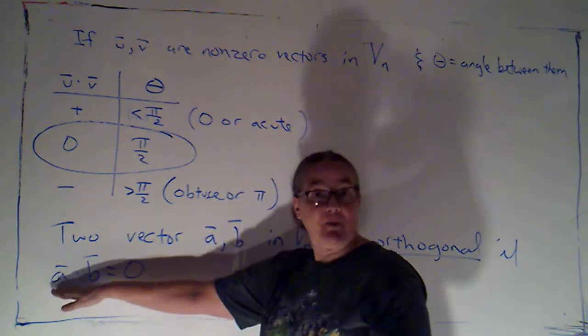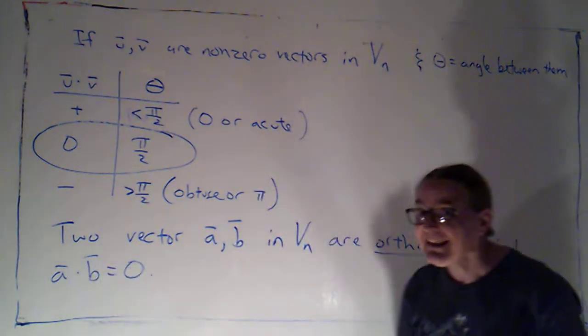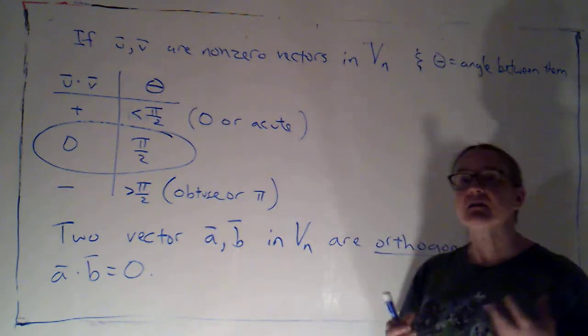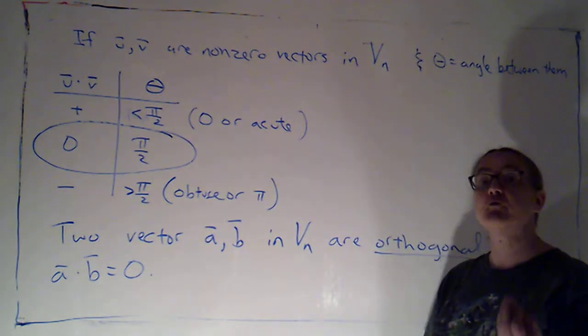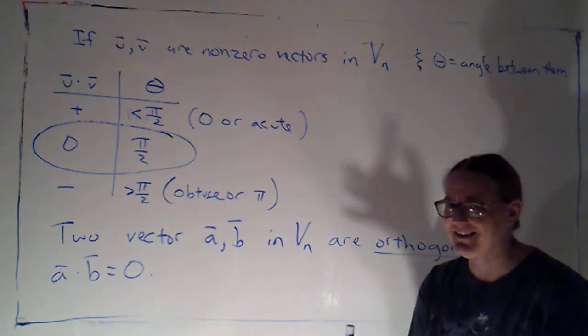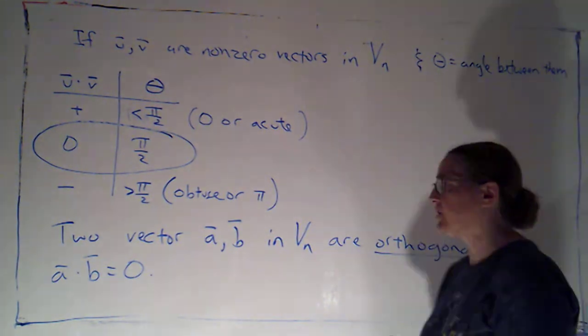And in fact, one of our properties of the dot product is that the 0 vector, dotted with anything, is always going to be the 0 number. So that says the 0 vector is orthogonal to everything. But the 0 vector isn't perpendicular to anything at all. So orthogonal doesn't mean perpendicular.